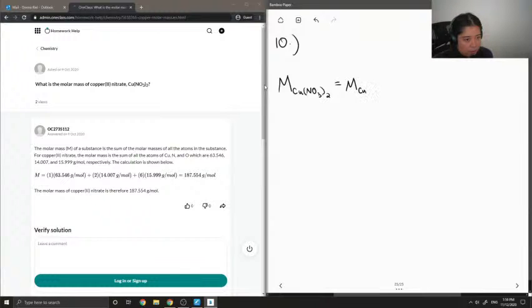So first I'll just show that to find the total molar mass of copper II nitrate, I need to add up all these values together. So there are 2 atoms of nitrogen, and there are 6 oxygens.